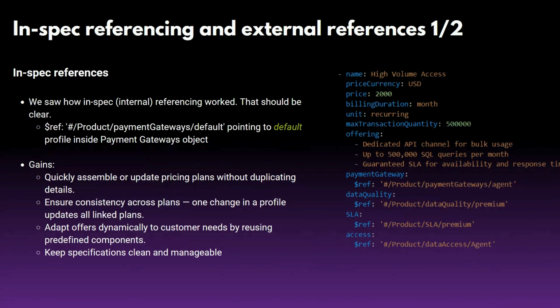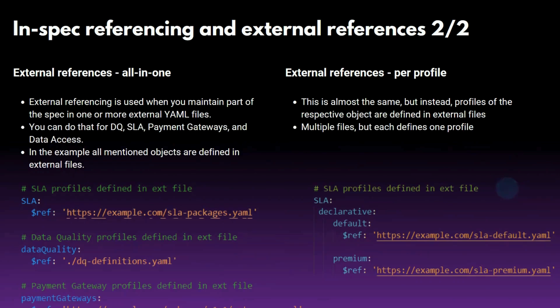And this reduces the time to market very dramatically. And on top of this, the governance becomes cleaner, since the specs are becoming cleaner and easier to manage. So this is the internal referencing or in-spec referencing we've been discussing a lot.